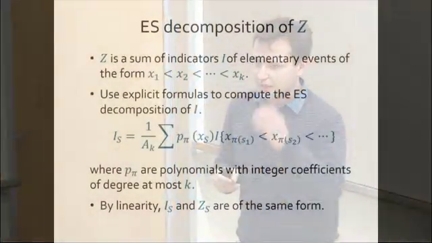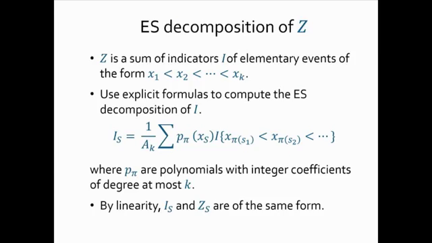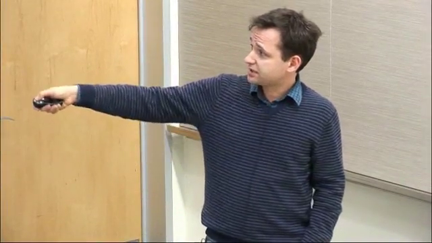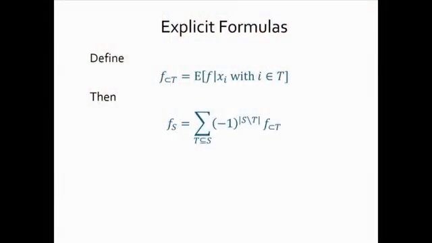OK, now let's apply the Efron-Stein decomposition to our problem. So recall that we consider this random variable z, which is the number of satisfied constraints. And we can just use these explicit formulas to compute the Efron-Stein decomposition of z.